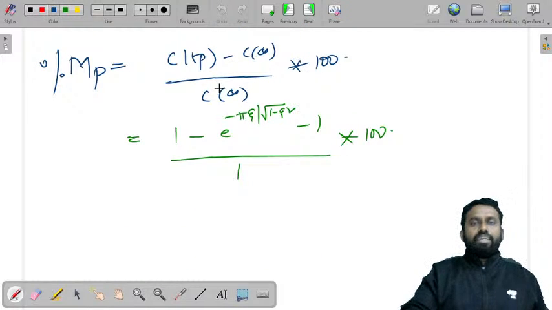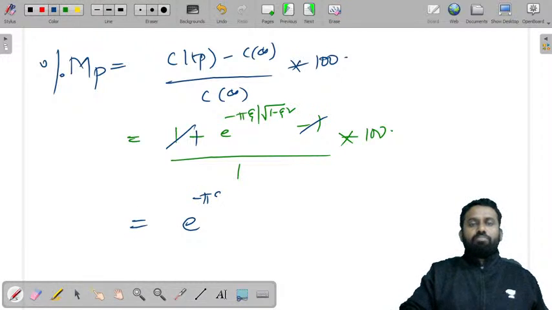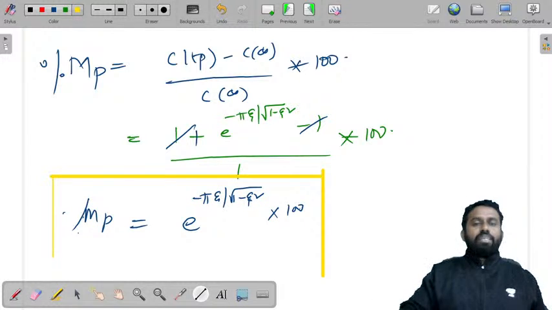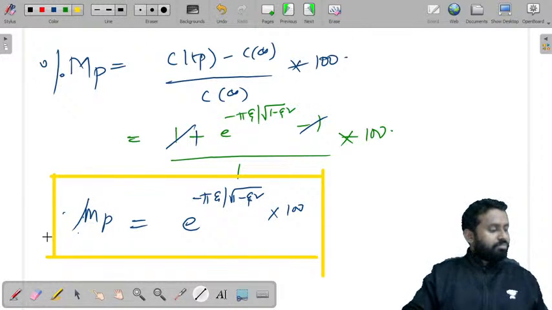So finally you can write 1 plus, so this is plus 1 and minus 1 if we cancel, this is e power minus pi zeta by under root of 1 minus zeta square into 100. So this is the percentage MP expression. Percentage MP is equal to e power minus pi zeta by under root of 1 minus zeta square into 100.